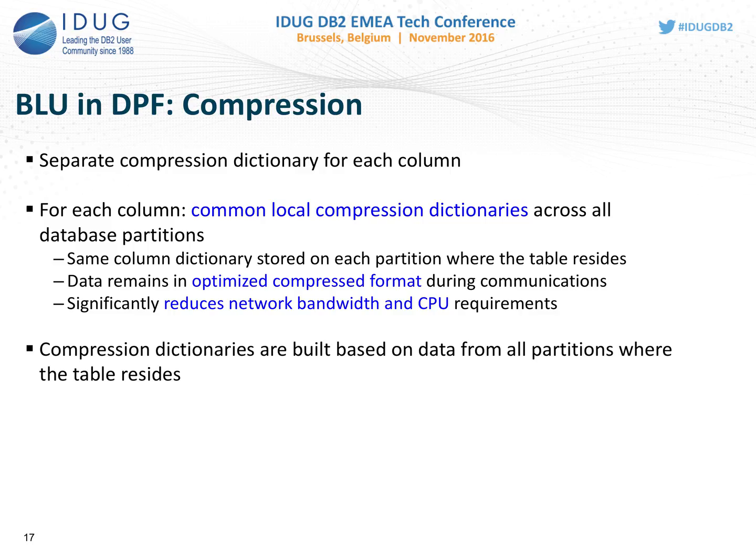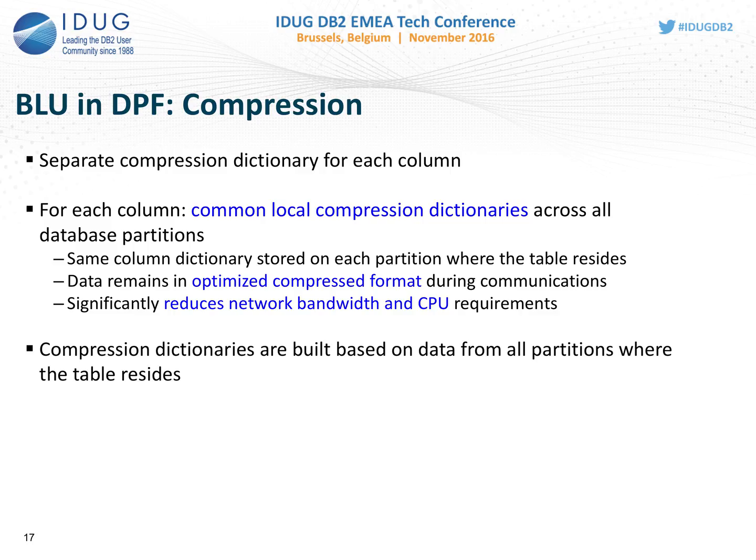And the fact that they are identical across the partitions means that if data needs to be shipped from one partition to the other, it can remain in the compressed format because it can still be interpreted on the other partition, since there we have the same compression dictionary. And if we are shipping compressed data over the network, that's a lot more efficient than sending uncompressed data, right? And that's a big difference to the behavior of traditional row-organized tables in BLU.